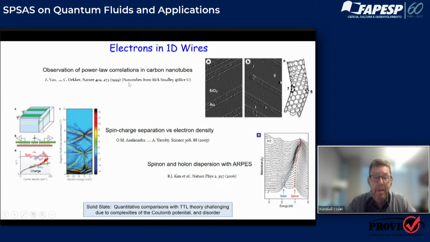And he also did a lot of early work on carbon nanotubes. And so this group used nanotubes from Rick Smalley and were able to observe power law correlations of the electron spin and charge. And these correlations are also another manifestation of the Tomonaga-Luttinger liquid theory.